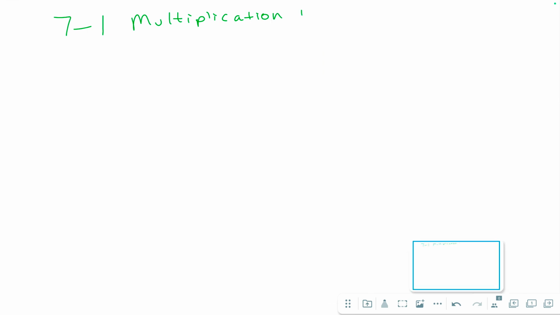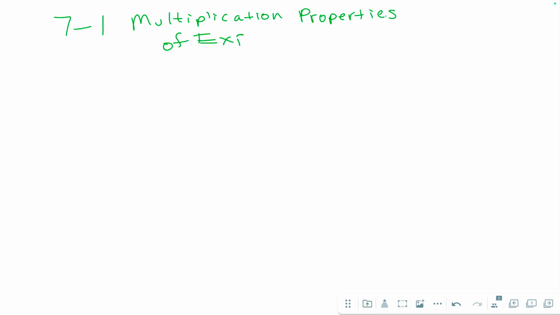Multiplication properties of exponents. Okay. Exponential multiplication properties of exponents.